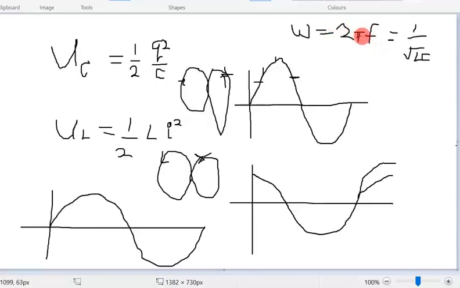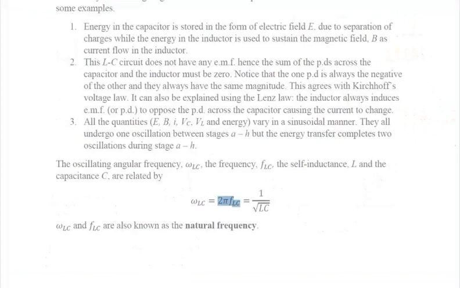That means 2 pi f is equal to 1 over the square root of LC. So the frequency in hertz can be expressed as 1 over 2 pi times the square root of the inductance multiplied by the capacitance. Forgive me, but I hope you know what I'm trying to write here.